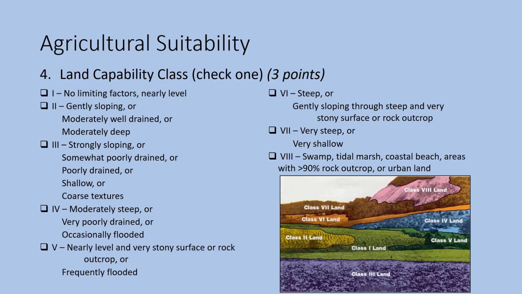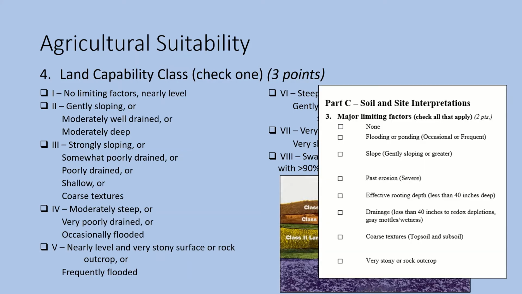So to answer this question, you're first going to look at question 3, where we identified the major limiting factors. You may also need to look back at parts A and B to look at things like slope and drainage class to help you determine what the land capability class of your site is.